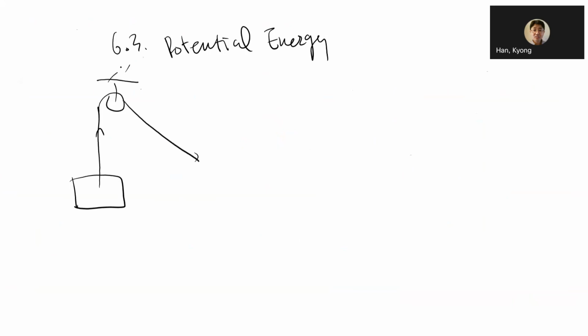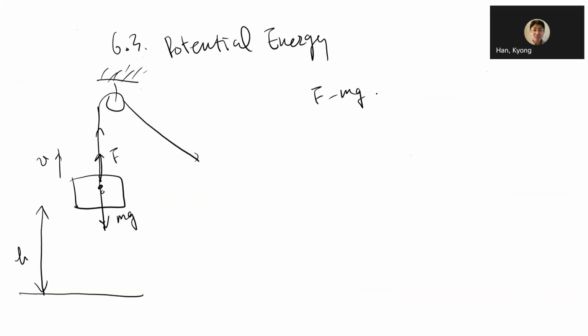You move it about 1 meter, maybe h. You apply the force F, and gravity is mg. It is moving at maybe constant velocity. In this case, the force F and mg are the same, by Newton's force law, so the net force is 0. In this case, F equal to mg.